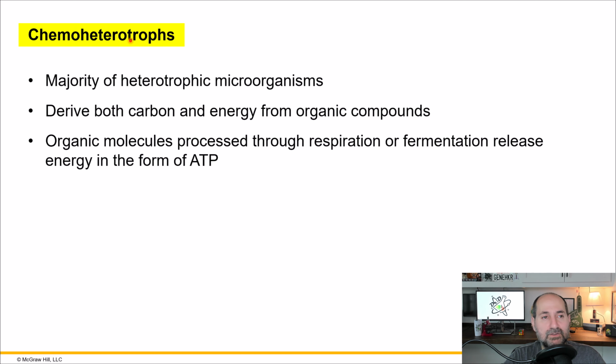What's a chemoheterotroph? Energy from organic materials and carbon from organic materials. So the first part of this word refers to where you get your energy. The second part of this word refers to where you get your carbon.